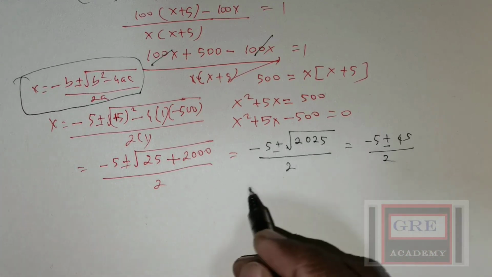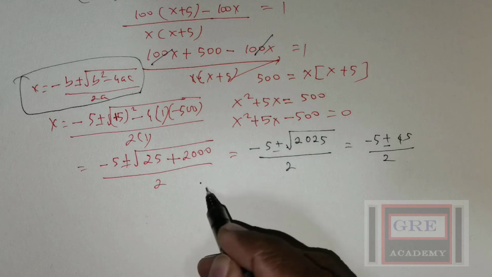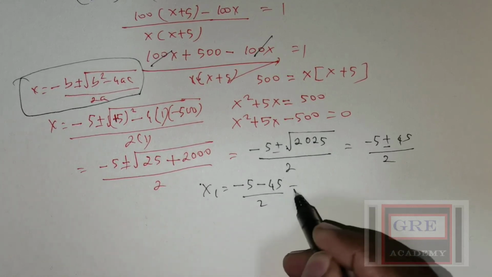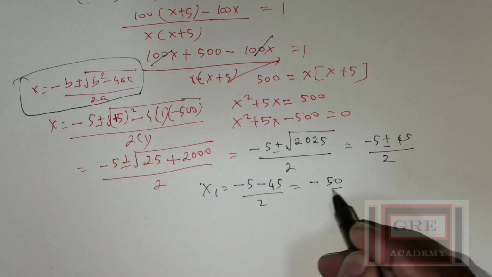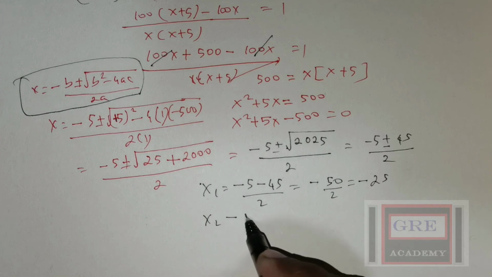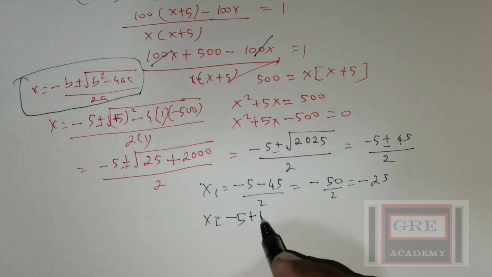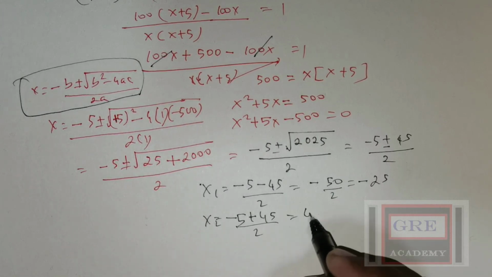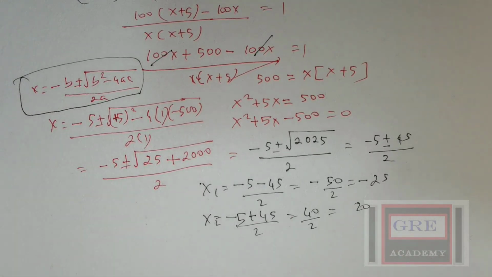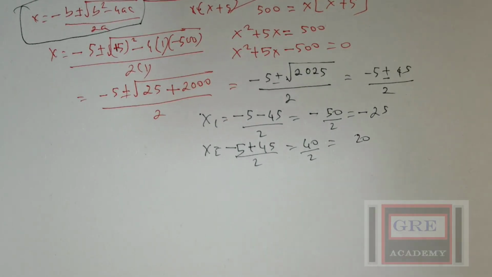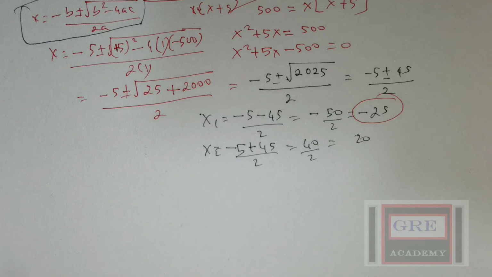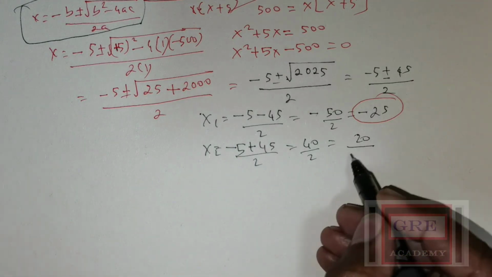Now there will be two roots here. If I take the first, x1, to be negative 5 minus 45 divided by 2, I would get negative 50 over 2, which is negative 25. For the second case, negative 5 plus 45 divided by 2, I would get 40 over 2, which would be 20. So two values are present here, but I would not be requiring the negative value, so I would only be requiring the positive value.